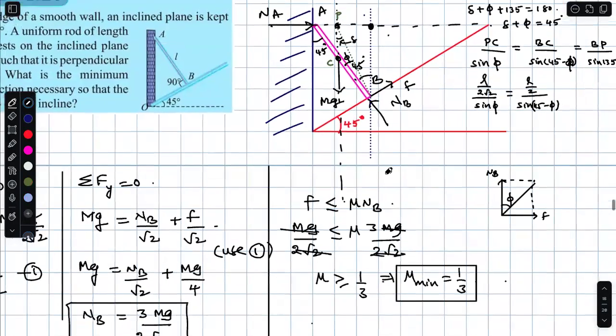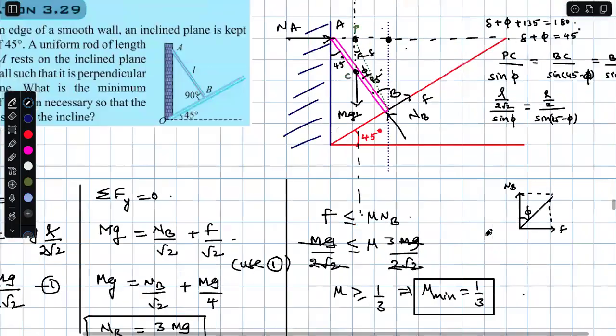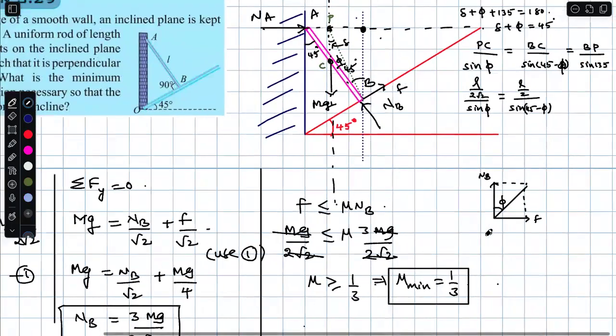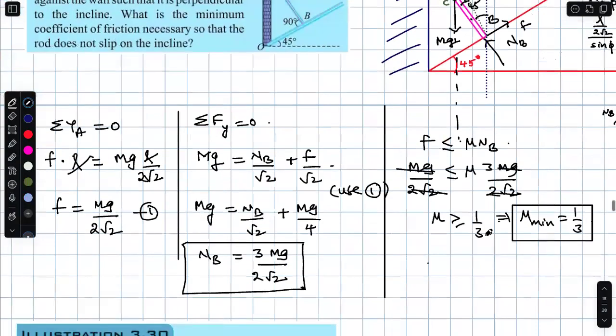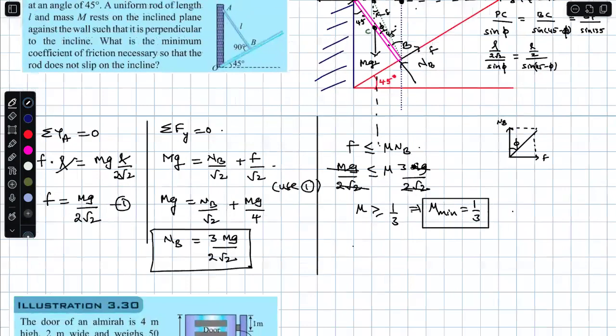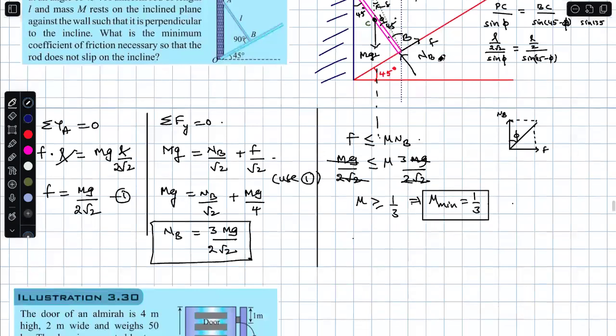You will get phi from here and use it here. You will get NB from here. Otherwise, it is the same answer. I am giving you two different methods of solving the same question. But I prefer this one only, because if you are bad at geometry, you are out. Next.